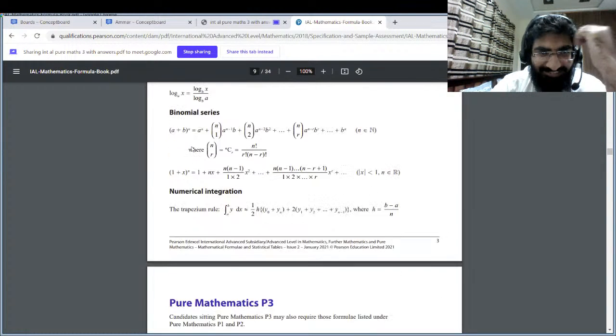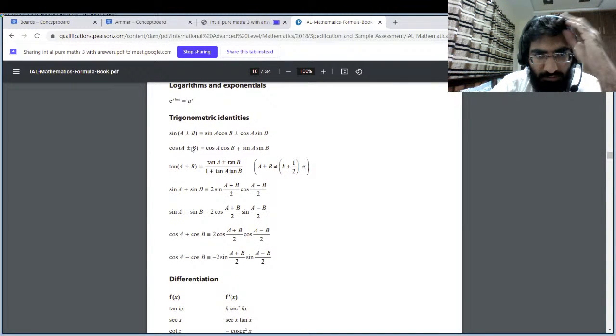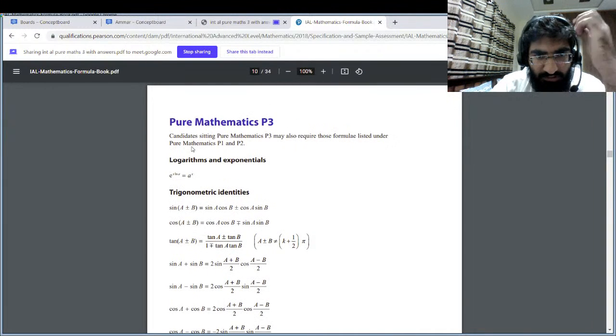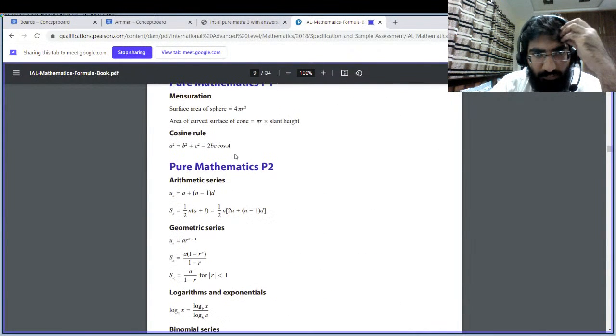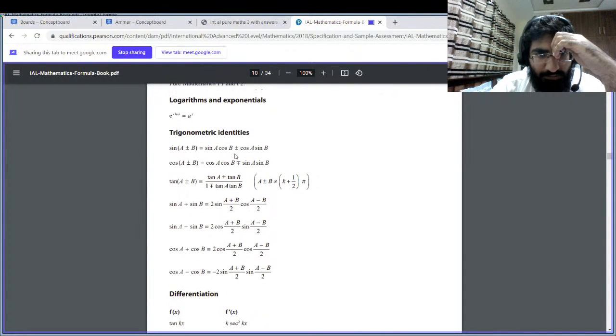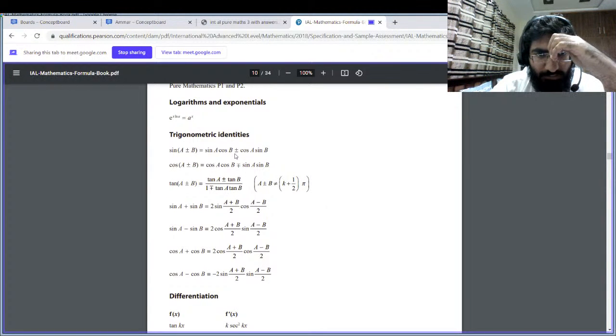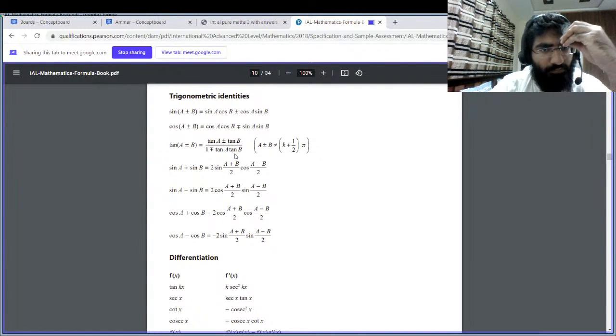Sir, who said that these double angle formulas are given? Teacher. Which teacher? Physics teacher. Seriously? The double angle formulas are not given.